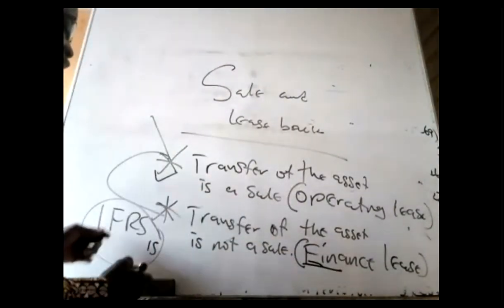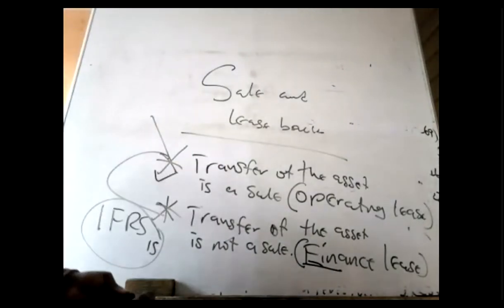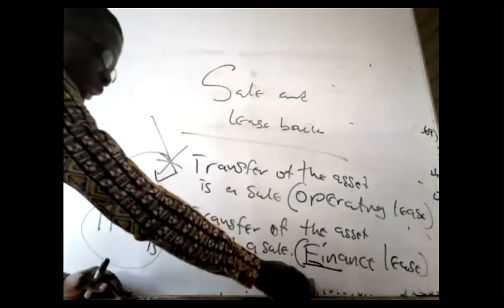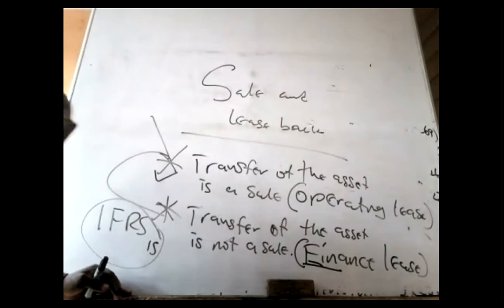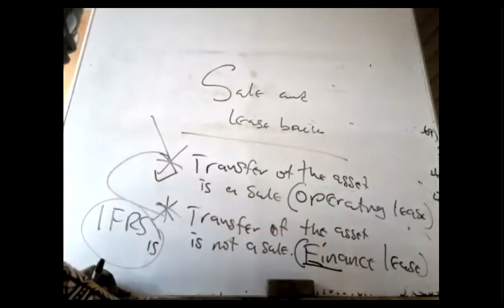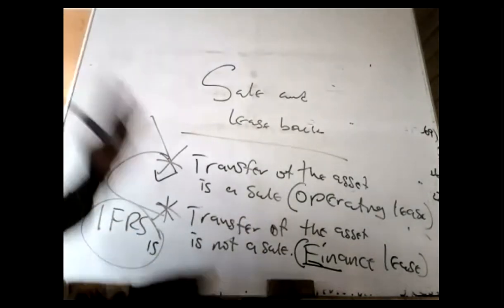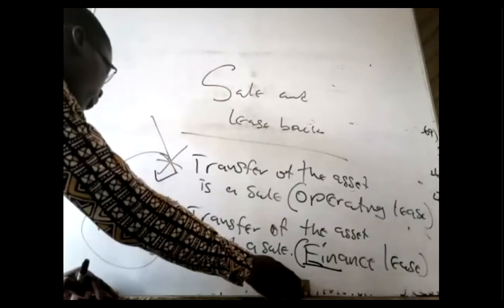So you have disposed of something, and now you are the owner of that item. How can it happen that you've sold something to someone and at the same time you are the owner of it? It can't happen. So here we are saying that it's not a sale, so don't record a sale under IFRS 15.